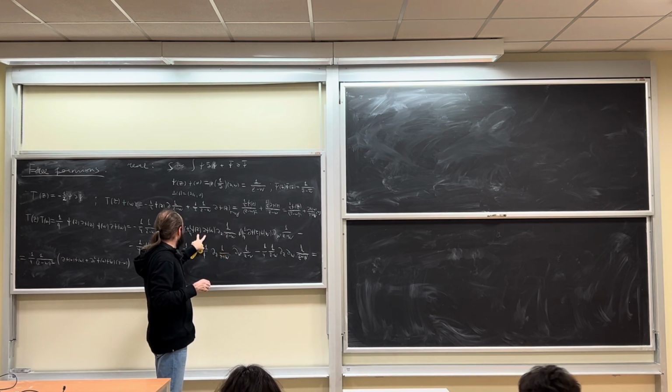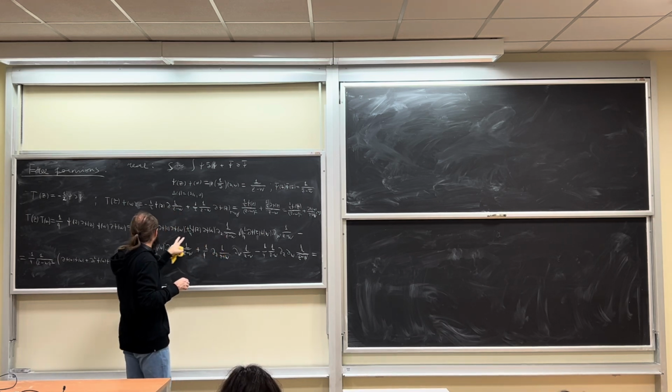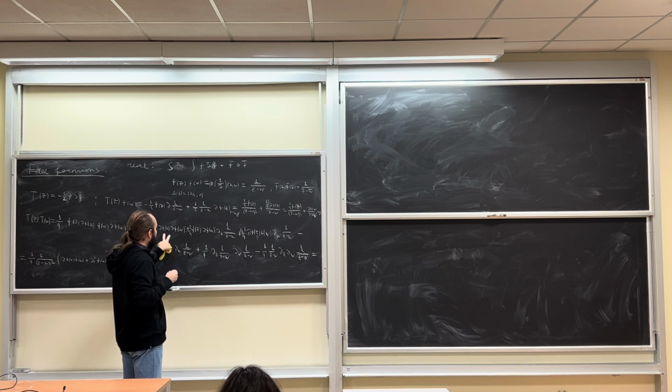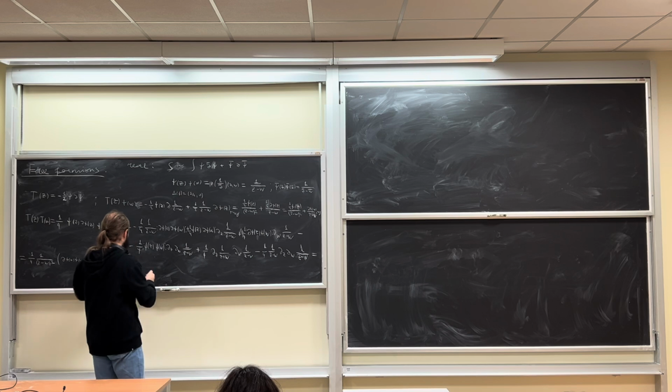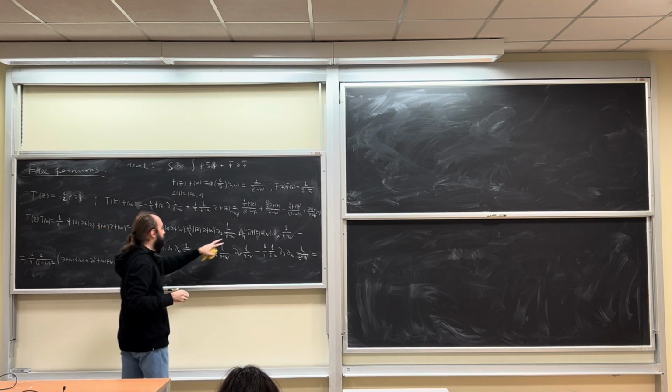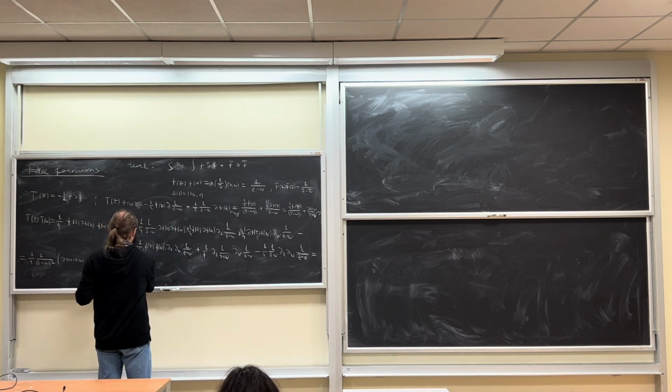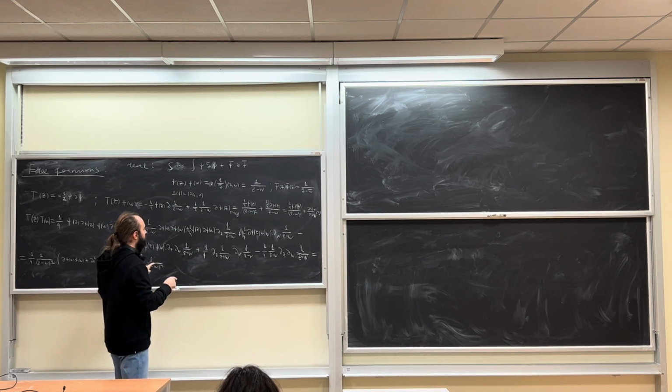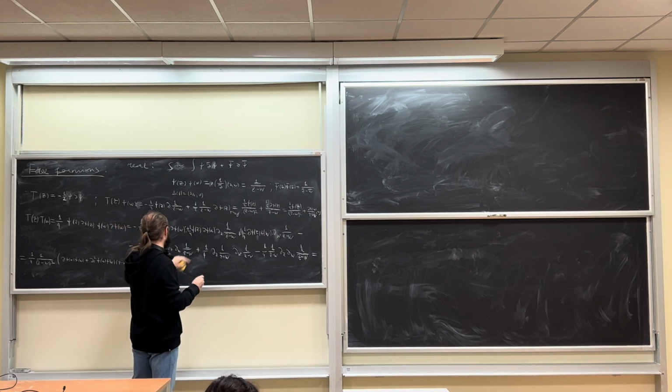Oh, we should have first looked at this term. So it was a second one here, minus 1/4 over z minus w squared, and we should expand this.